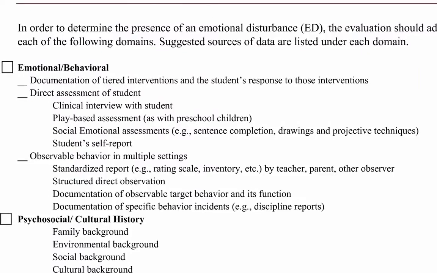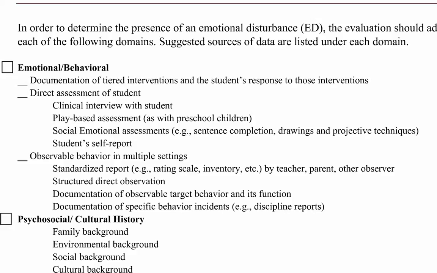So first of all, they suggest that anytime you're going to assess and try to determine whether or not a child has an emotional disturbance, there are clearly some tools directly related to emotion and behavior. You should document interventions that have been used and the student's response to those interventions.